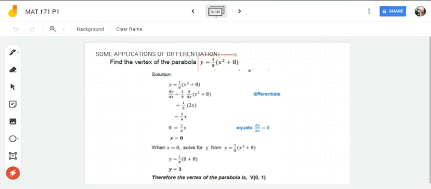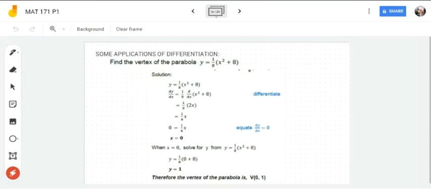After you equate the first derivative to 0, you will get the value of your x. Then, to get the value of your y for the vertex, you simply substitute the value of your x into your original equation. So what I mean is this.